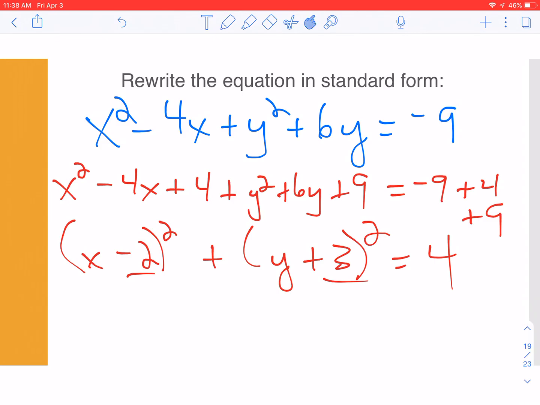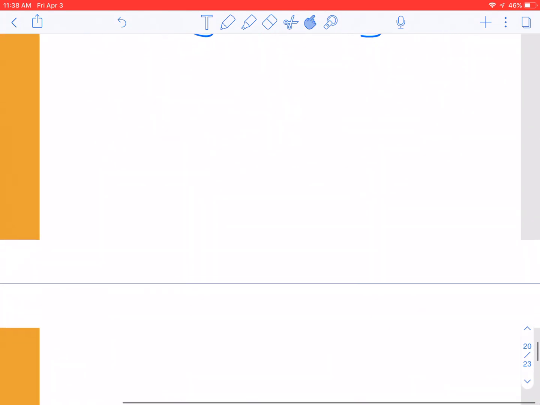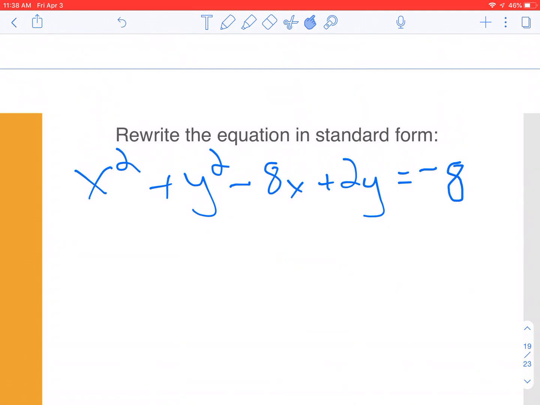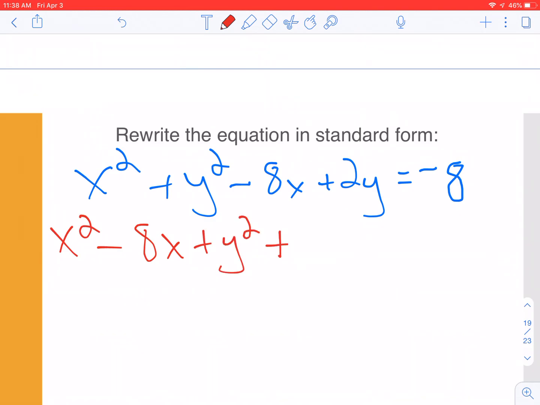Let's do one more example. It's already written for you once again like this. I actually have to combine the x's first this time. That's a minus 8x plus y squared plus 2y equals minus 8.